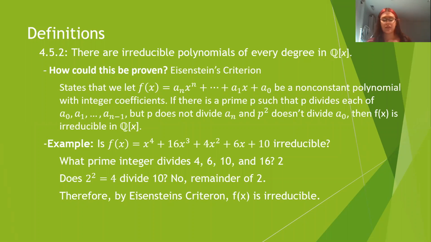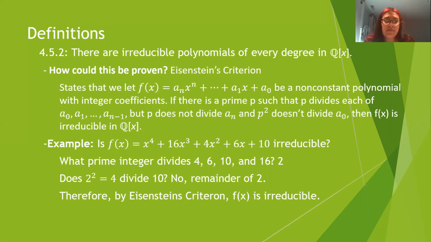Continuing on with our definitions, we have 4.5.2, which states there are irreducible polynomials of every degree in Q of x. But how could this be proven? We can use Eisenstein's criterion, which is, I think, theorem 4.5.3.